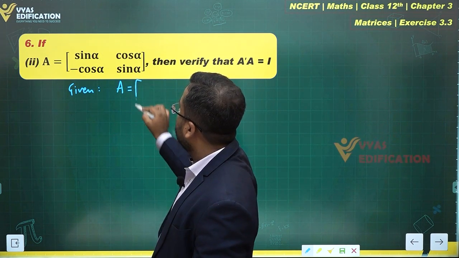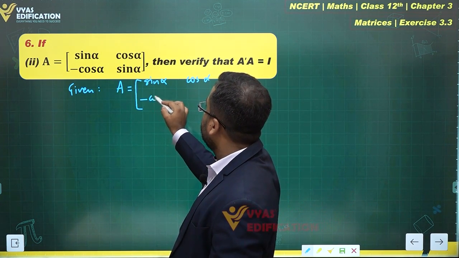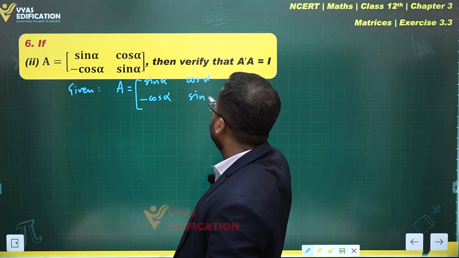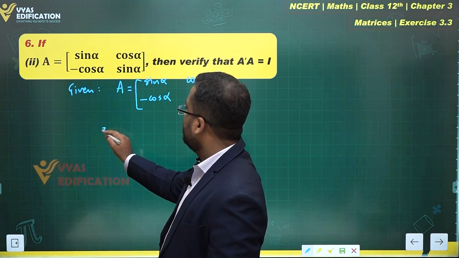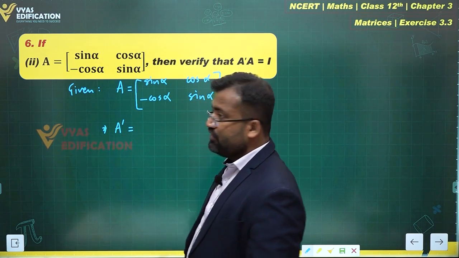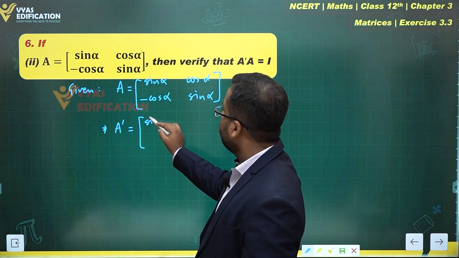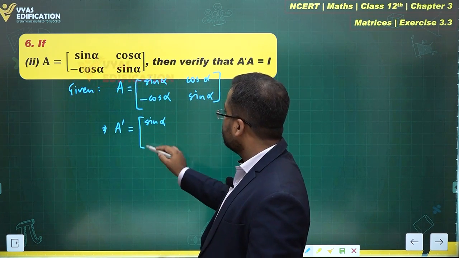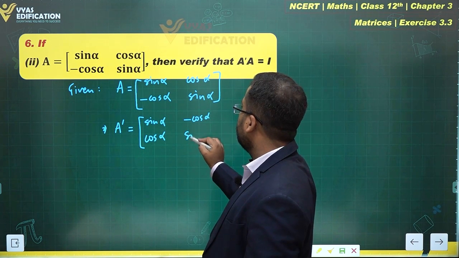A equals sin alpha, cos alpha, minus cos alpha, sin alpha, and this implies A transpose would be equal to what? A transpose would be equal to sin alpha, with the first row becoming the first column, cos alpha, minus cos alpha, sin alpha.